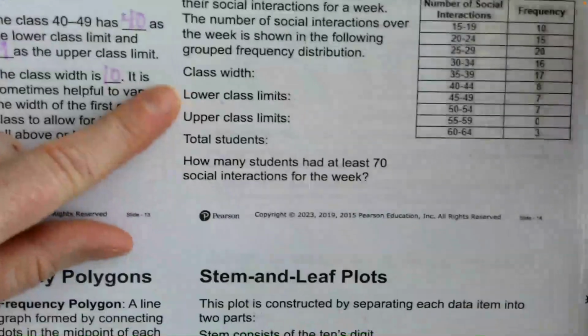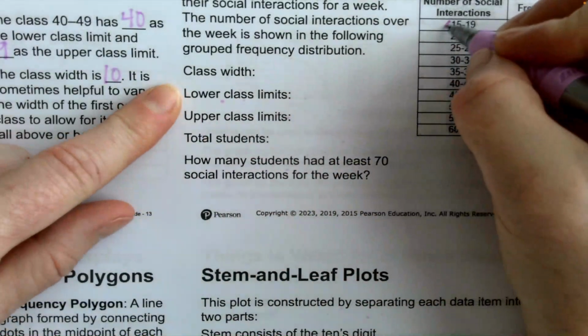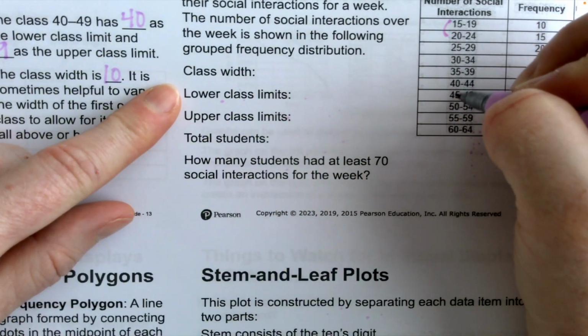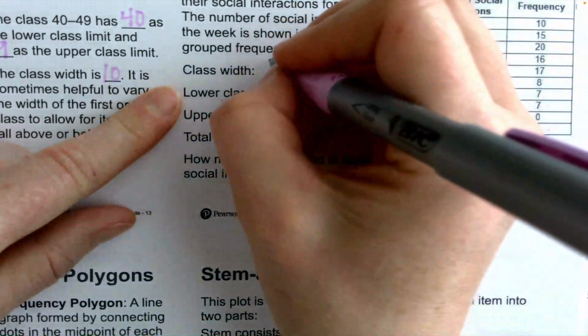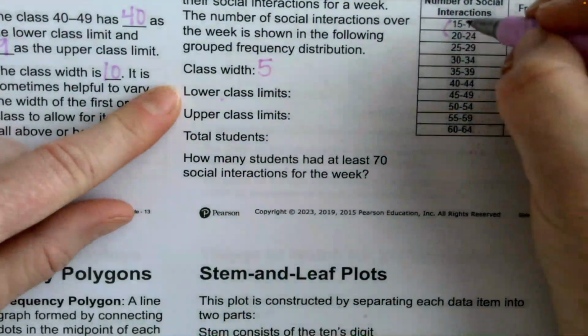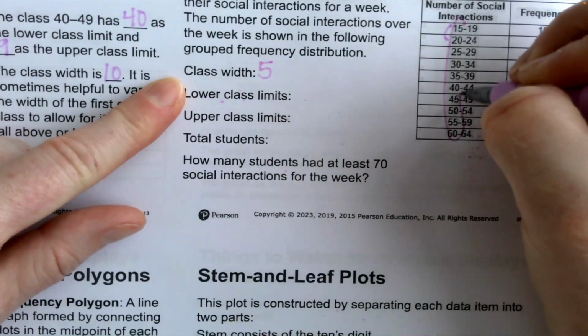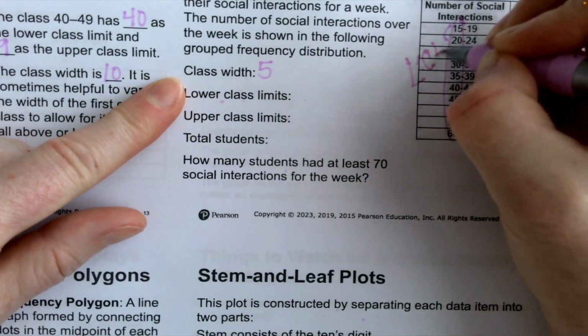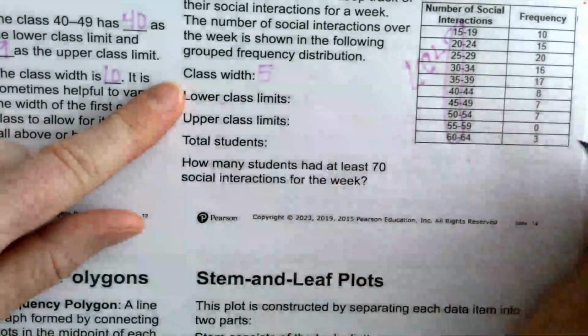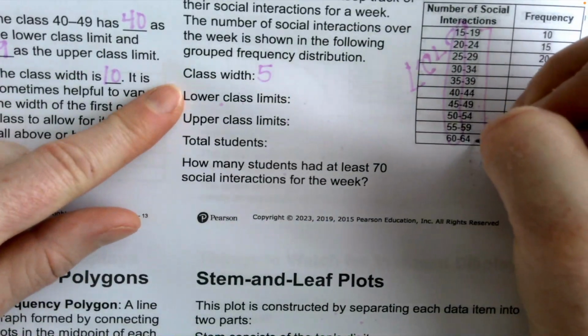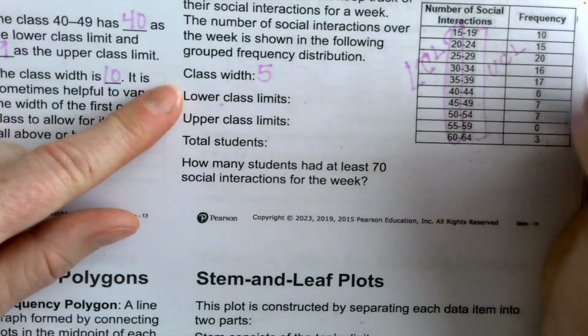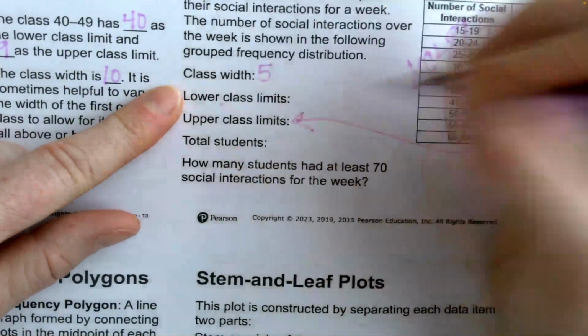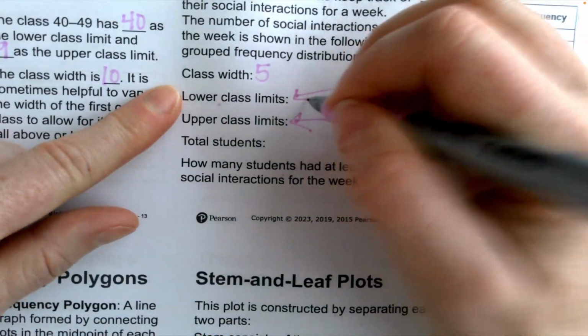Okay, so a little bit more on the frequency distribution. It says class width. So we look and see what is the class width between these, and it's 5. The lower class limits are all of these numbers. You can write them out if you want. Upper class limits are on this side. And there we go.